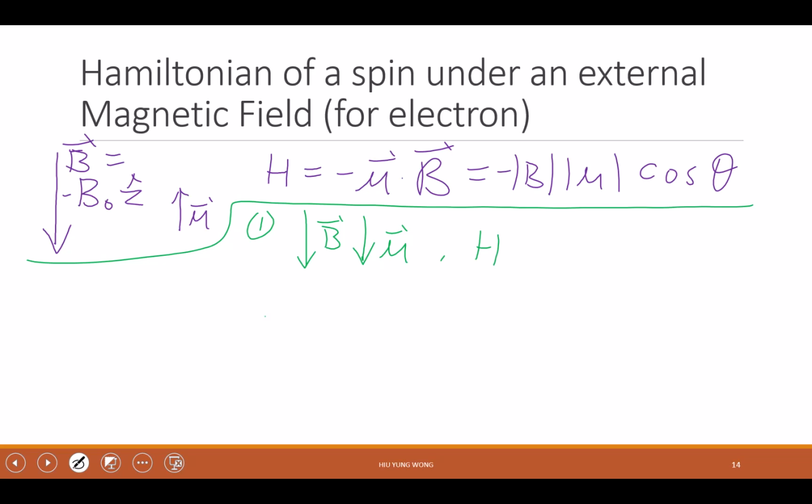Look at this. When they're in the same direction, theta is 0, right? So is it positive or negative? Negative, because you have a negative here. If they're parallel, the energy is less than 0.